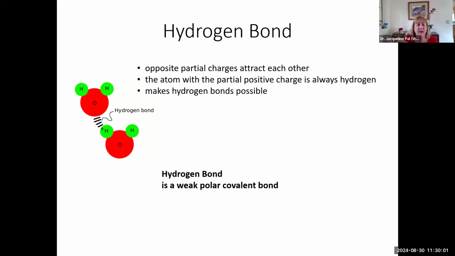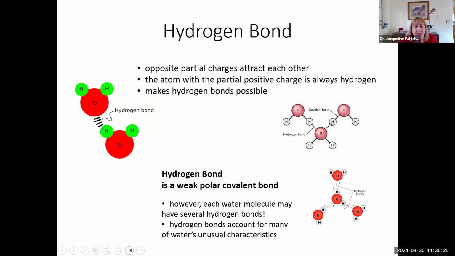So this is a covalent bond, but it's a very weak covalent bond. So they're bonding and breaking, bonding and breaking. They are breaking almost as soon as they bond, but they bond long enough to form a molecule, do its thing, then break. But the hydrogen bond is a very important covalent bond.